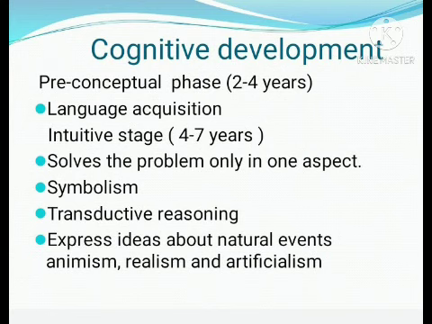Next is the second substage, that is the intuitive stage, from 4 to 7 years. Up to 6 years, the preschooler belongs to the intuitive stage, 4 to 6 years. Speech becomes more social, and as they become more and more social, they become less and less egocentric.